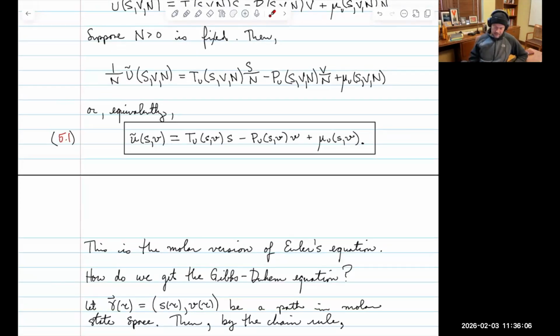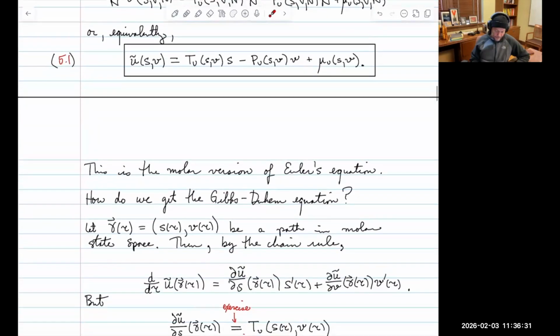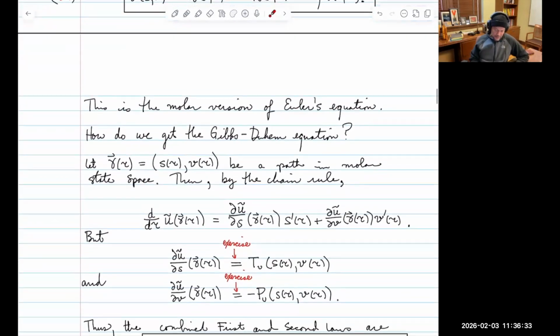I'm borrowing it from the book by Herbert Callen, and he seems to use it for this case. In chemistry, they may use another term, but it is obviously better than saying per mole every time. So, in keeping with Callen, we're going to call this our molar Euler equation, the molar version of Euler's equation.